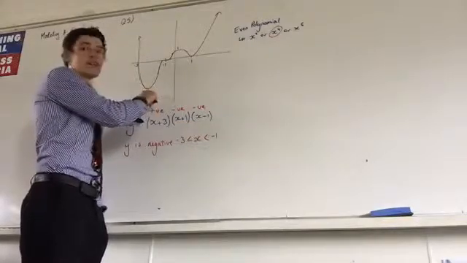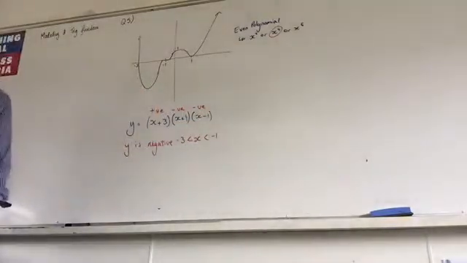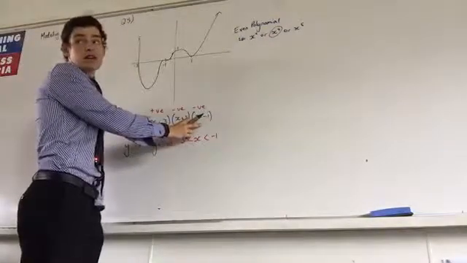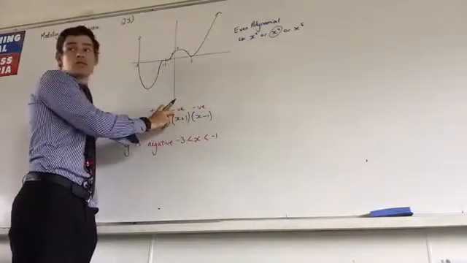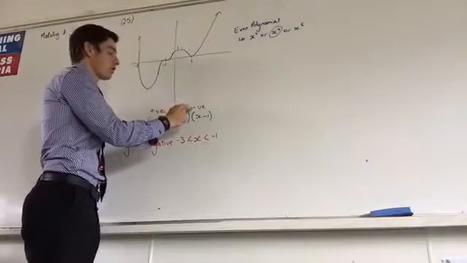Because if my value is negative, how do I get a negative? A negative times a positive or a negative times a negative? So that value should be positive, correct? The only way it won't be is if one of these values is positive. So I know my square is either here or here.